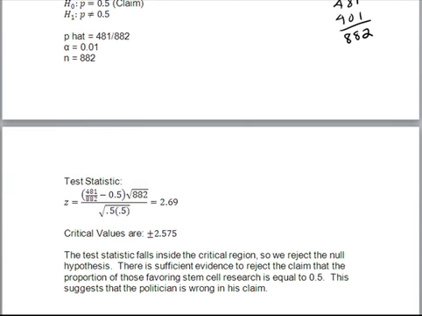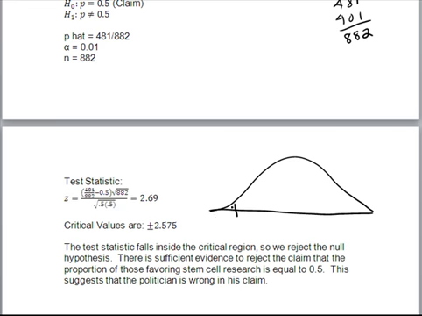So we move on to calculating our test statistic. When we have a significance level of 0.01, we get 0.005 in each of the tails. And that means our critical values are negative 2.575 and positive 2.575.